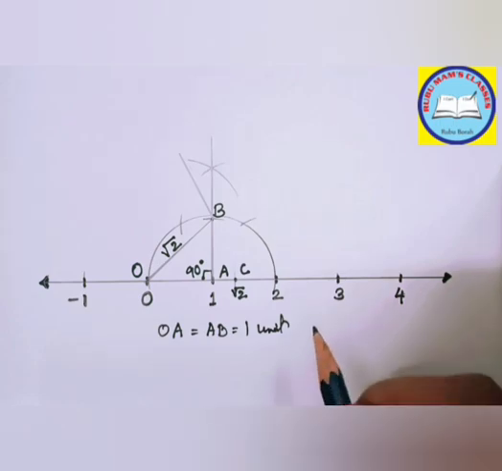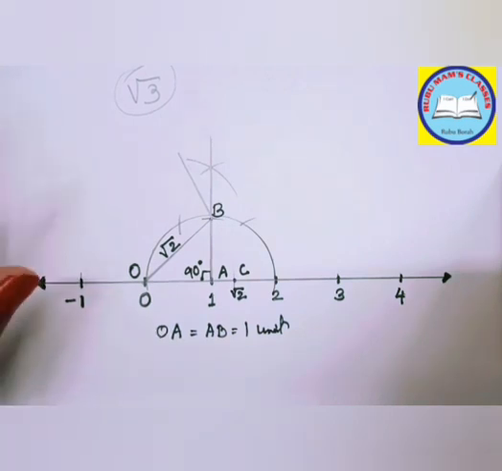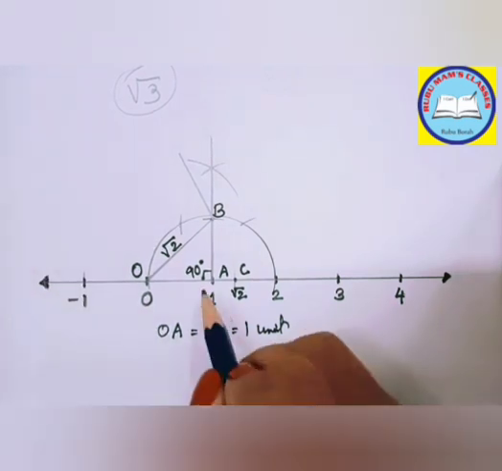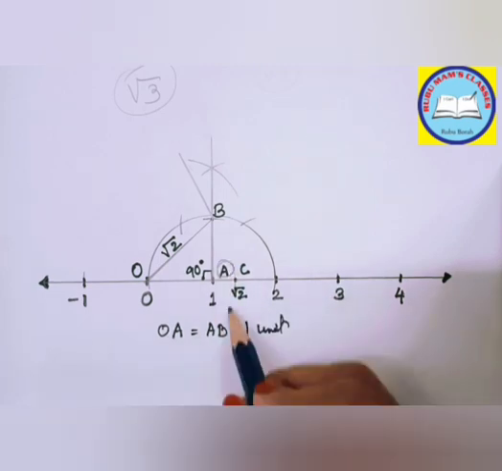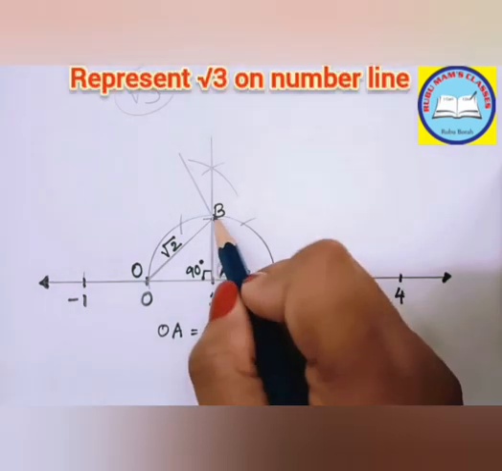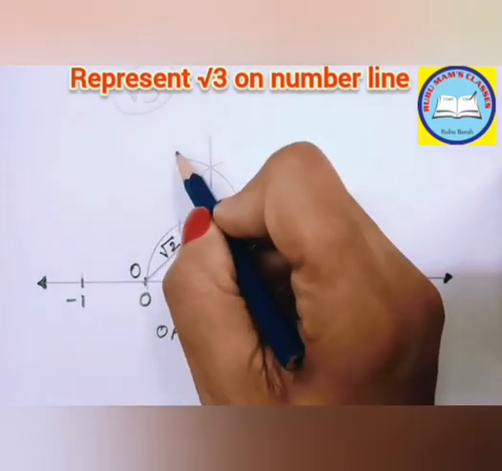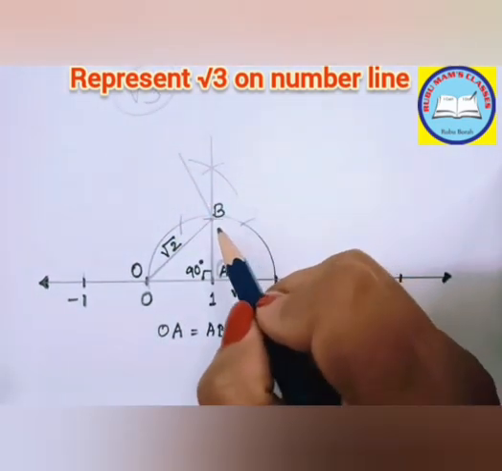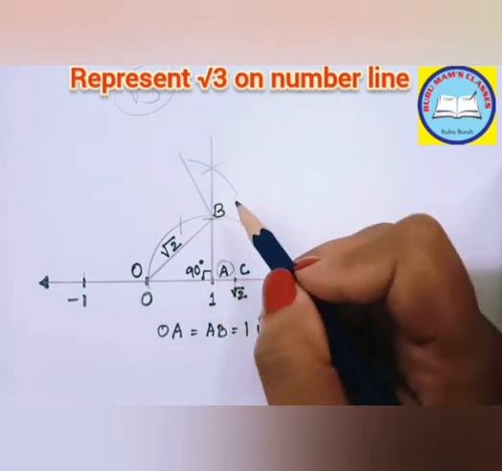Now you need to show root 3 on the number line. The method is the same, using Pythagoras theorem. Previously, you drew a perpendicular line at point A. Now you are going to draw a perpendicular line at point B. I have already drawn it. You can use a rounder to draw the perpendicular line, or otherwise as your teacher says.